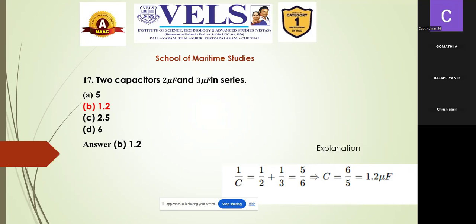So the formula of equivalent capacitance is 1 by Cs is equal to 1 by C1 plus 1 by C2. 1 by 2 plus 1 by 3. 1 by C is equal to 5 by 6. C is equal to 6 by 5. If we solve this 6 by 5, we get 1.2 microfarad.